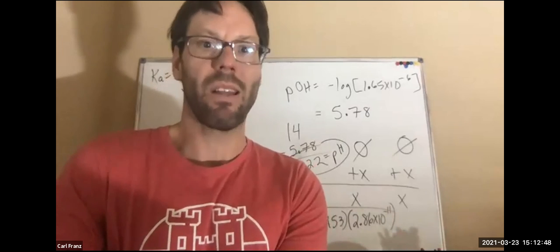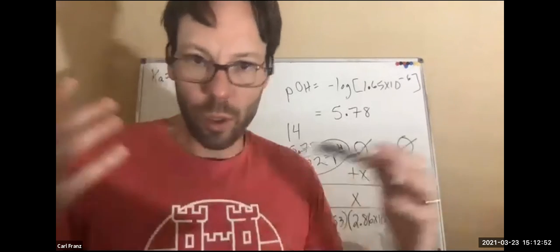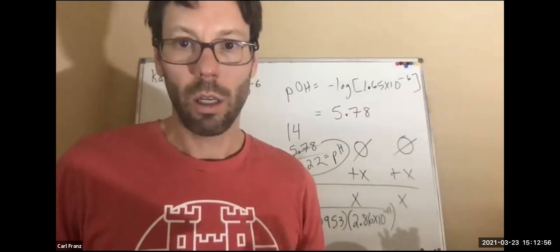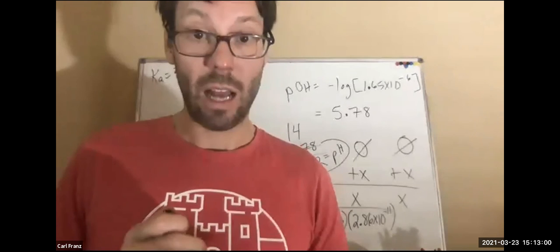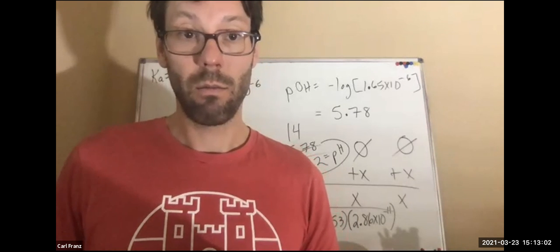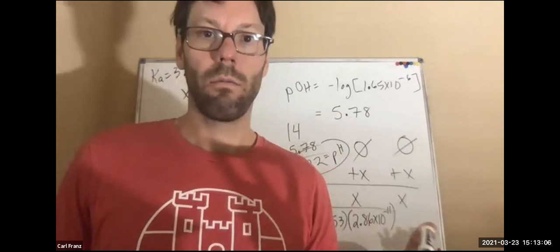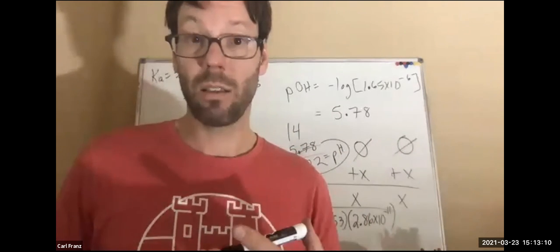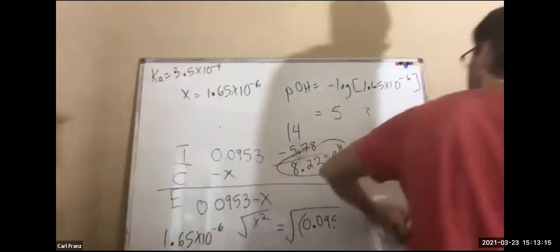And you can just write benzoate. So benzoate plus water equals the conjugate acid of that, benzoic acid, and then the conjugate base. In this case, water's the acid, so it's going to be hydroxide.